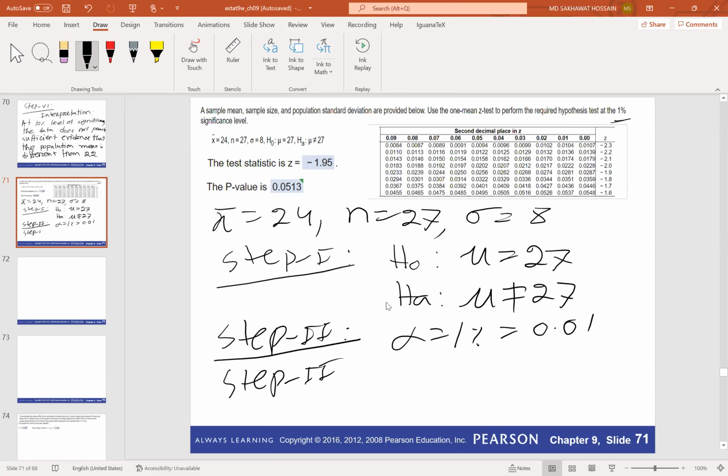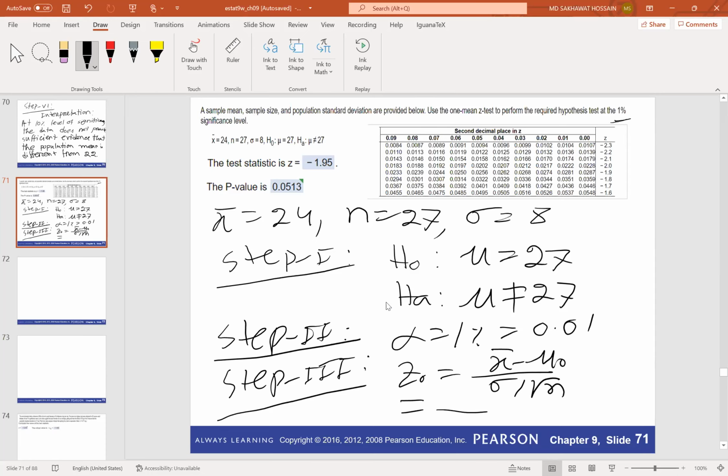Step 3 is calculate the test statistic, Z0. X bar 24 minus 27, over sigma 8 over square root of 27. If you simplify this, you get negative 1.95.